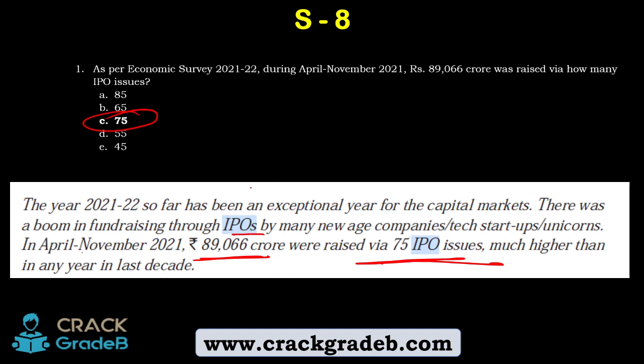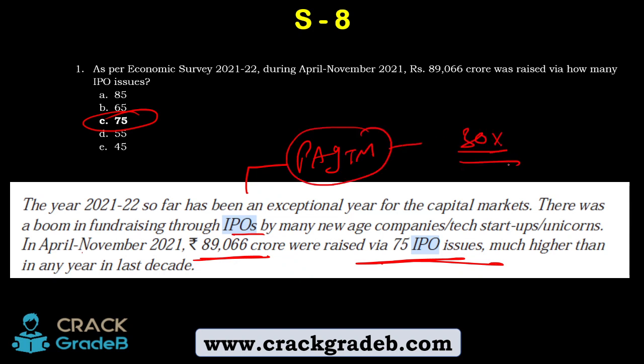In the last 10 years, this was the highest. And almost all the IPOs that were listed saw a positive side in their market capitalization, except Paytm, which declined almost 30% on the day of listing. This is also an important event because Paytm has become one of the largest money takers from the capital market in an IPO.